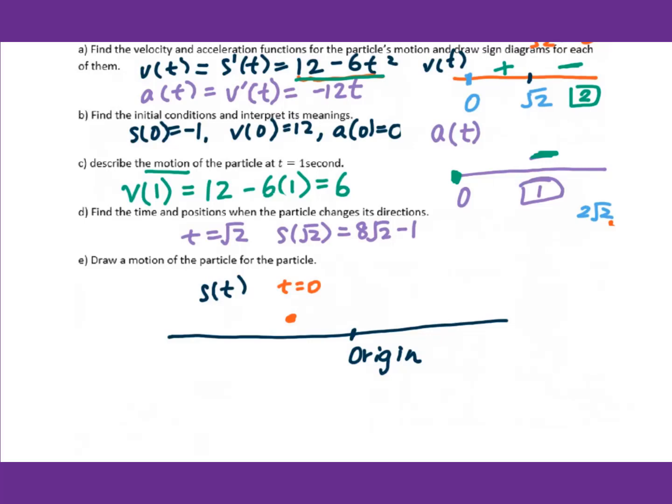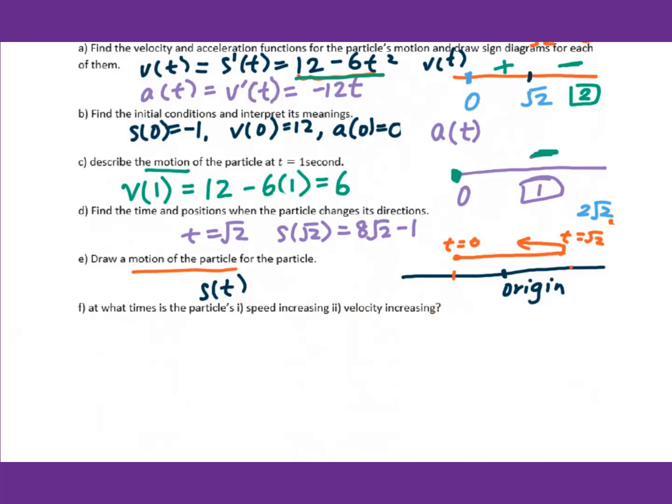This is 1 centimeter. Then it's moving to the right until t equals square root of 2. Then reverse the direction, go back. This will be the motion of the particle.